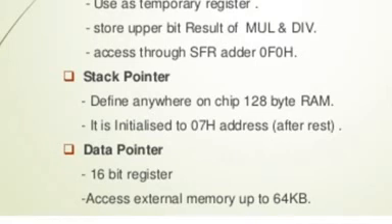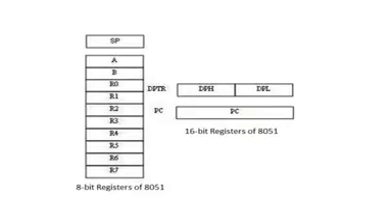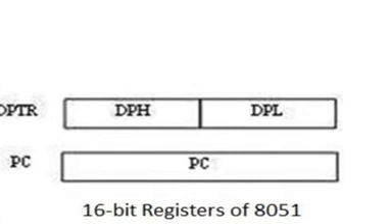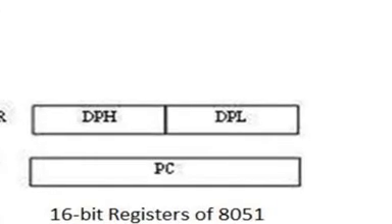Next is the data pointer. The data pointer register is generally a 16-bit register, which we can divide into two 8-bit registers: DPL and DPH. Here, this is the complete DPTR register, where DPL is 8-bit and DPH is 8-bit.